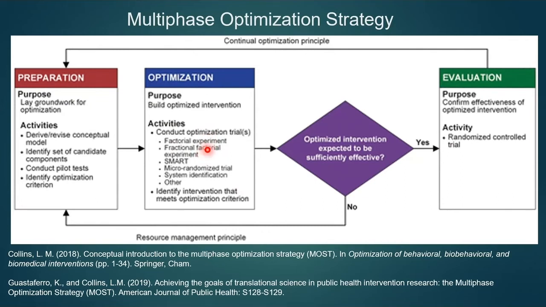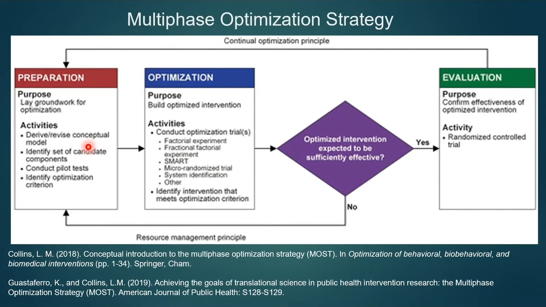And that's where we might say, okay, if there's 4 different components, there's 2 to the 4, or 16, different combinations of those. And we can, in very short, say 1 month or 2 month studies, try all 16 of these and see which ones are ranked as the most feasible and acceptable among, say, clients and frontline providers.